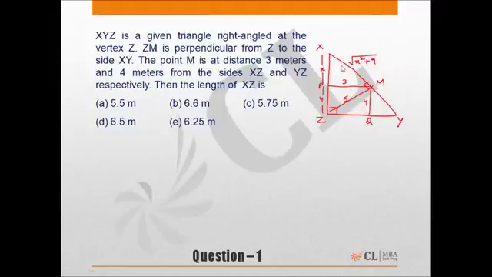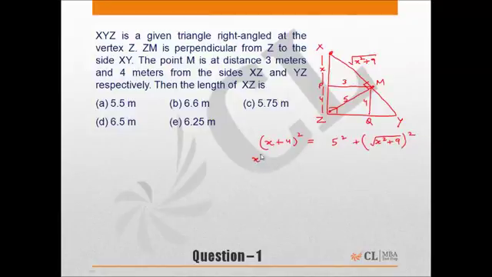So if we take the right angle triangle XZM, then (x plus 4) square will be equal to 5 square plus the square of root of x square plus 9.